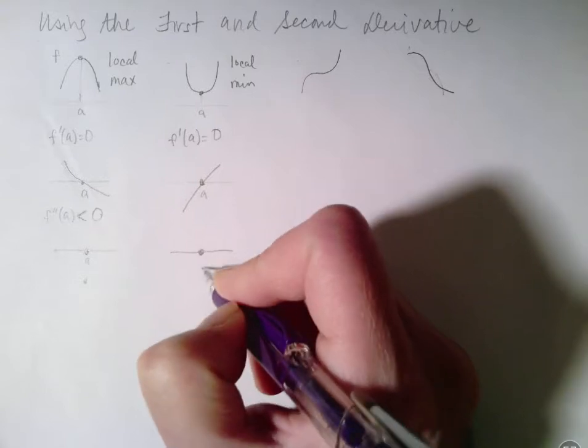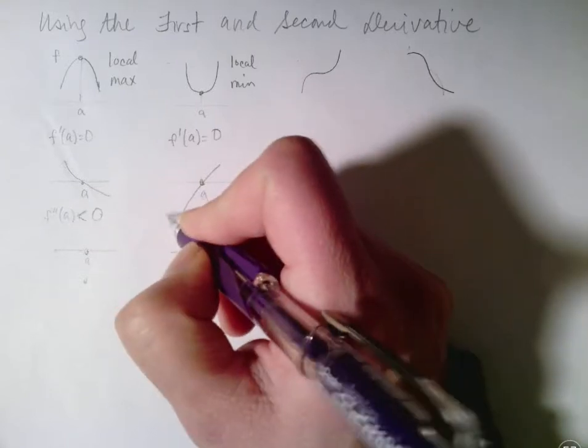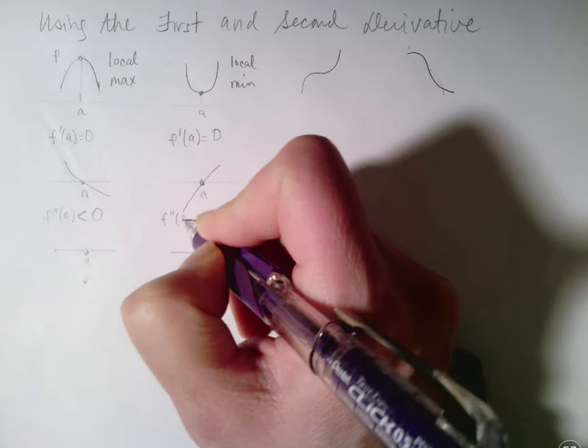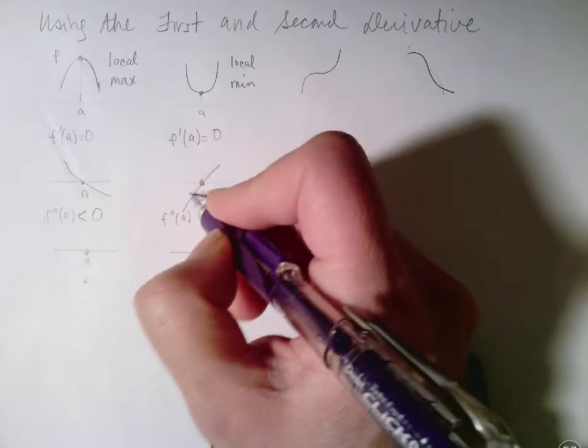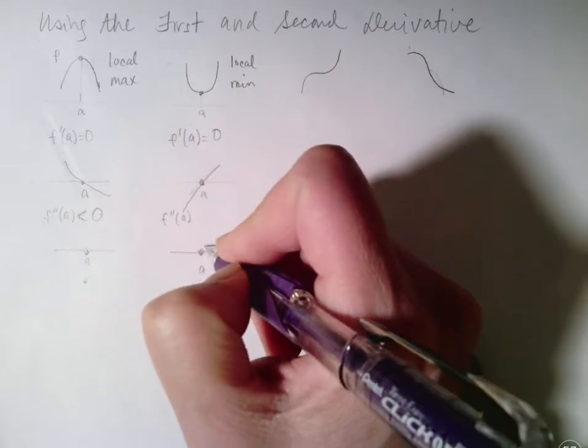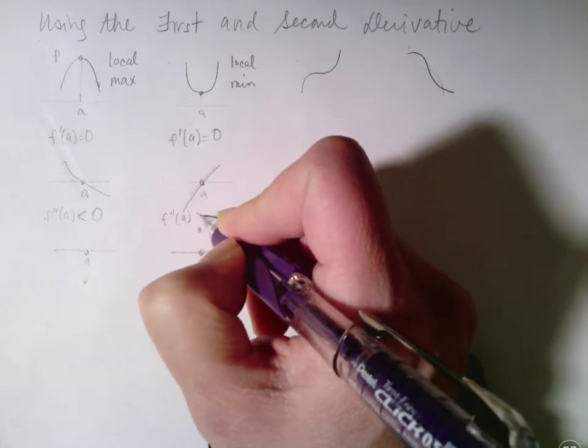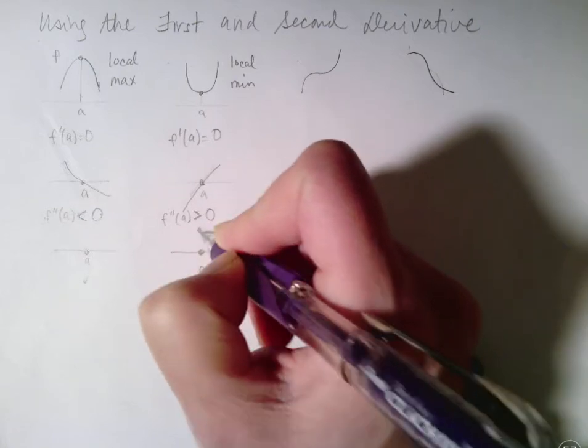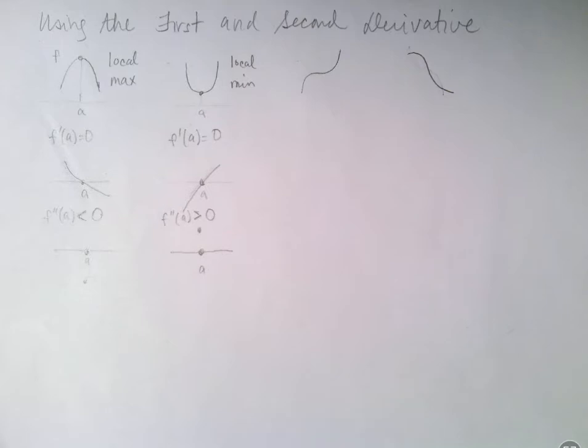But what's true about the second derivative, f double prime at A? This is a positive slope, so it's greater than 0. Let's say a point here.